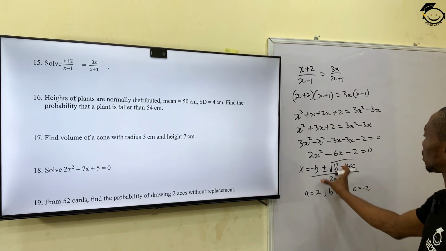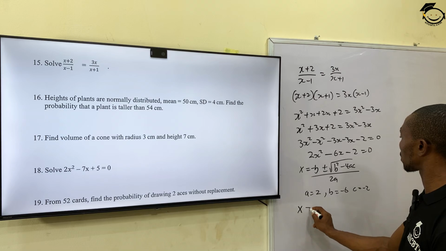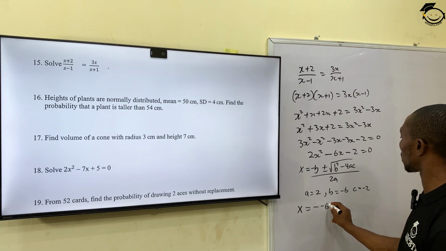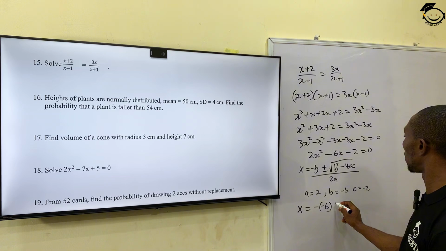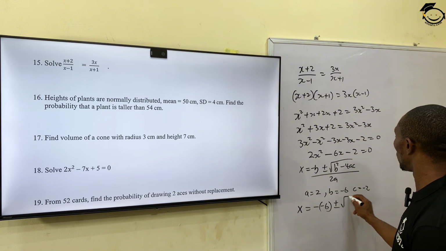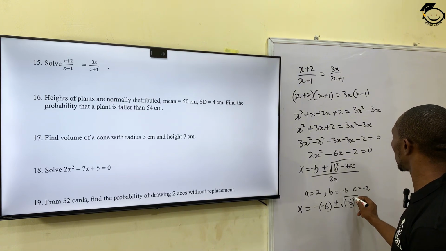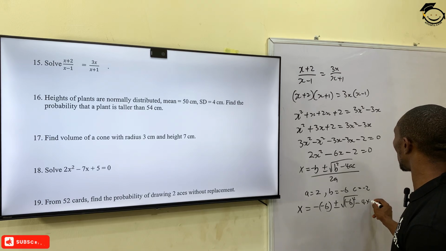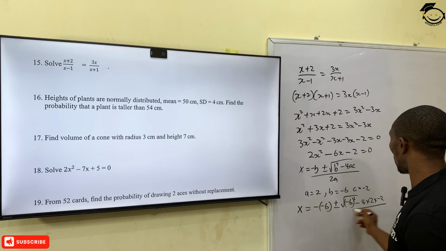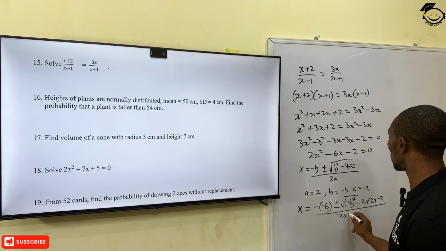Now applying this into our formula, we have x equals minus of minus 6 plus minus root minus 6 squared minus 4 times 2 times minus 2 all over 2 times 2.